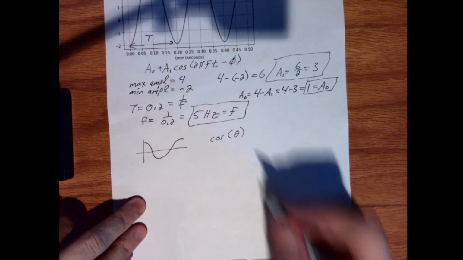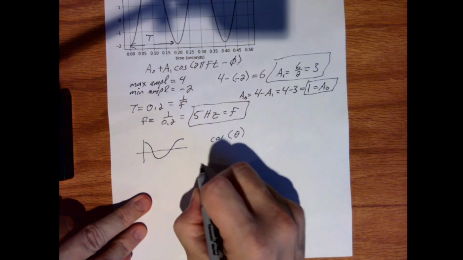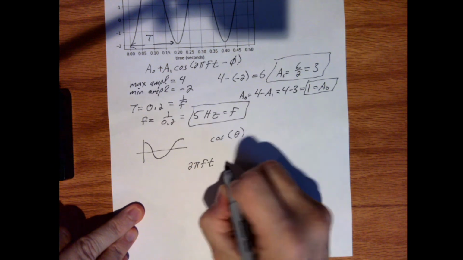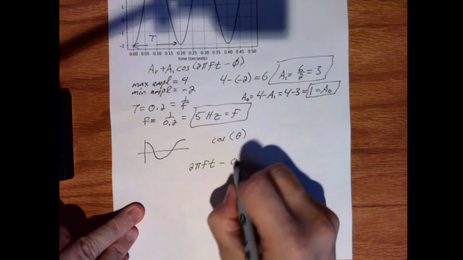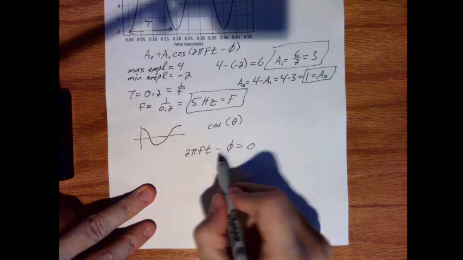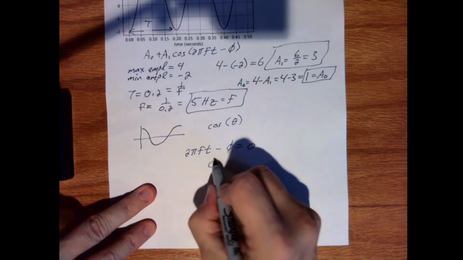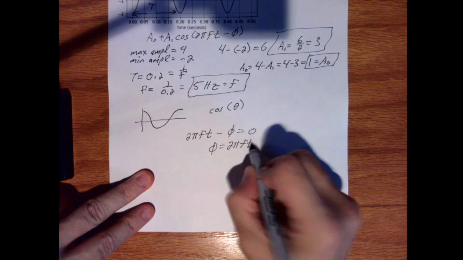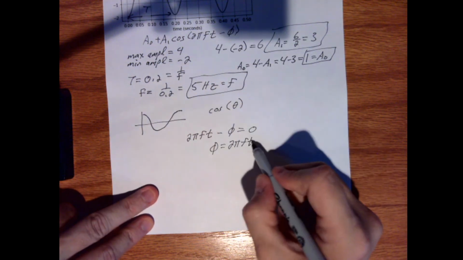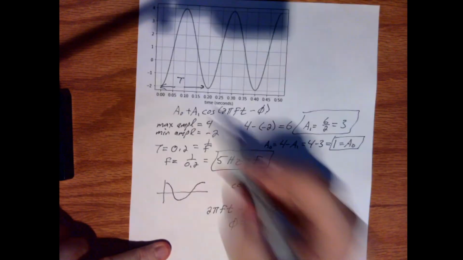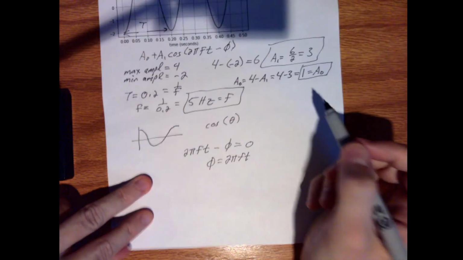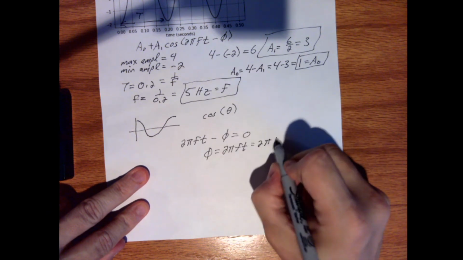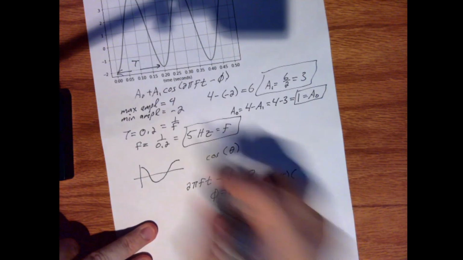Right? So we know that 2 pi ft minus phi is equal to 0. And here's why I put in the minus sign. So that way when I write phi, I get 2 pi ft. I just make the signs easier. That's all I'm doing. The t that we're using now is the 0.1. So I have this is equal to 2 pi. My frequency is 5. And my time is 0.1.